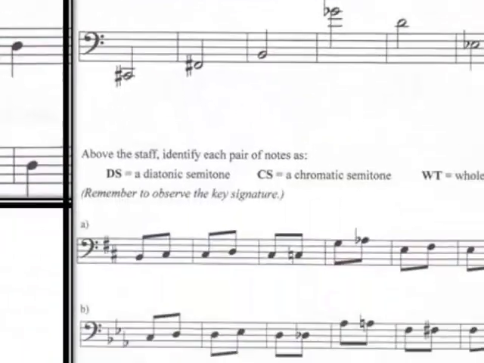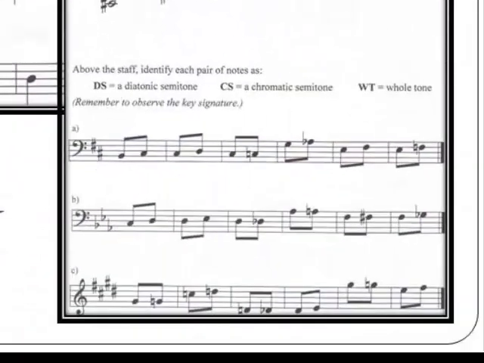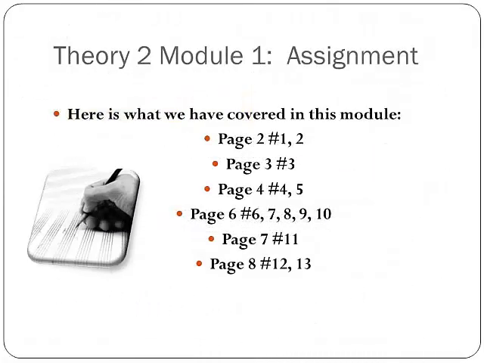For number 13, you're going to identify each pair of notes as either a diatonic semitone, a chromatic semitone, or a whole tone. Be careful though, because you have key signatures here. So make sure that you're looking at those key signatures. Here's your assignment for this module.